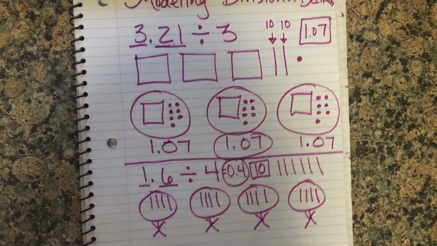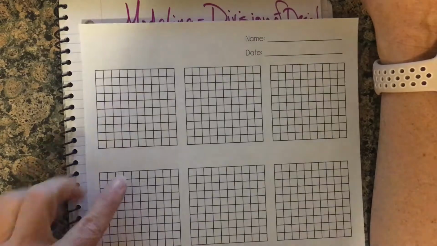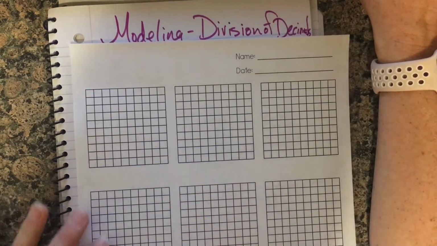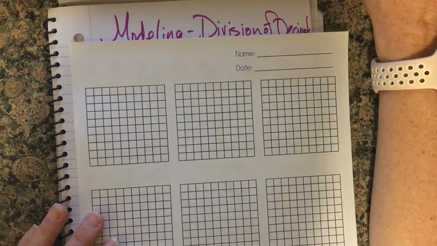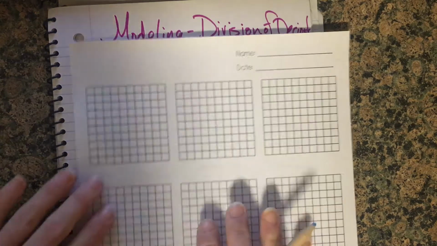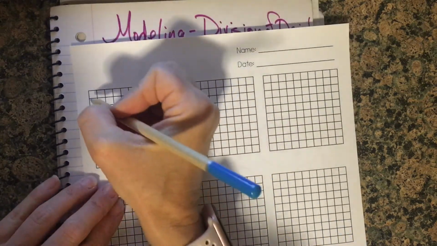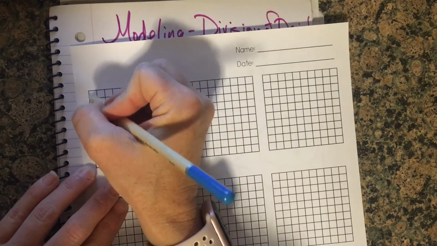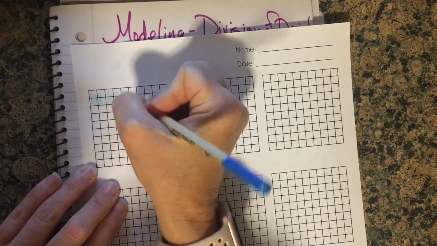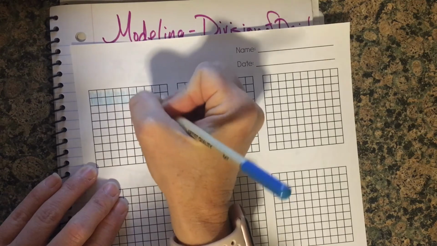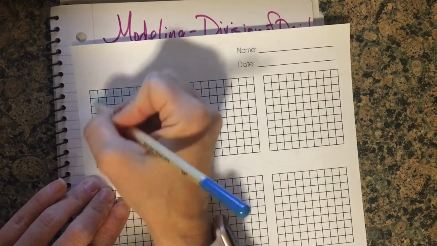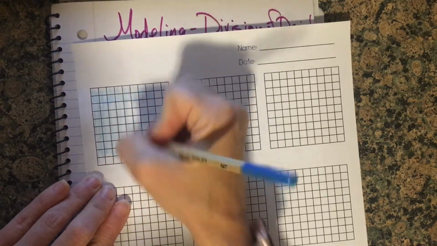The other way they model these problems is this way with these hundredths grids. So I'm going to show you a couple of other ways you're going to see it. Sometimes you're going to have shaded hundredths grids, and the groups are going to be circled on the hundredths grid.